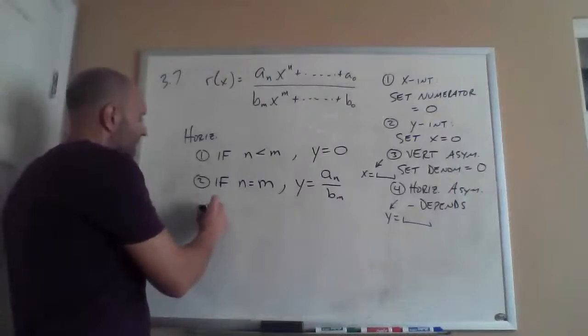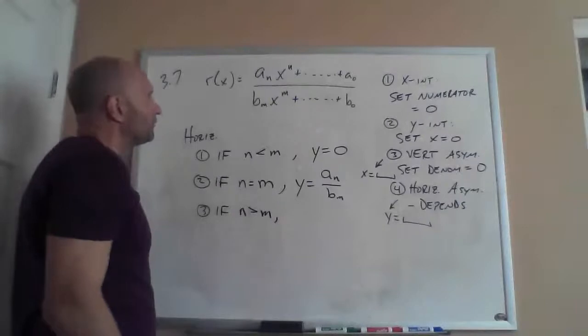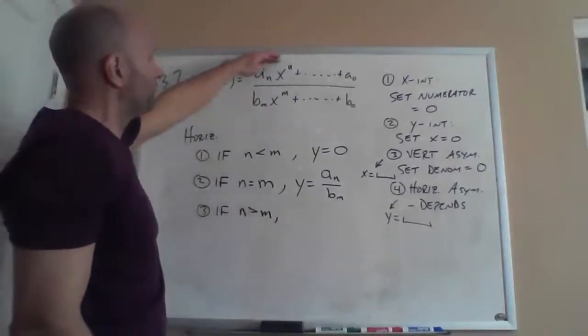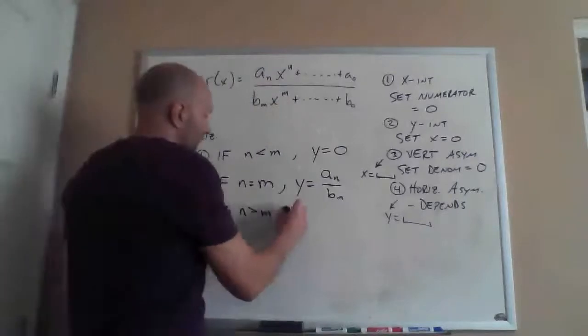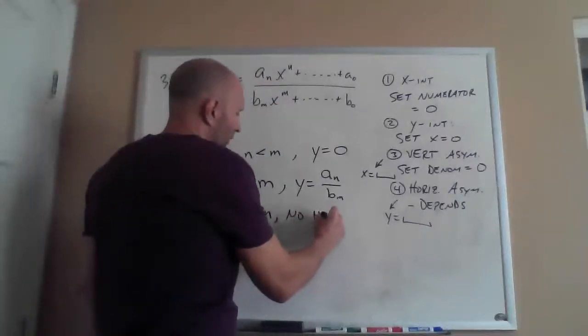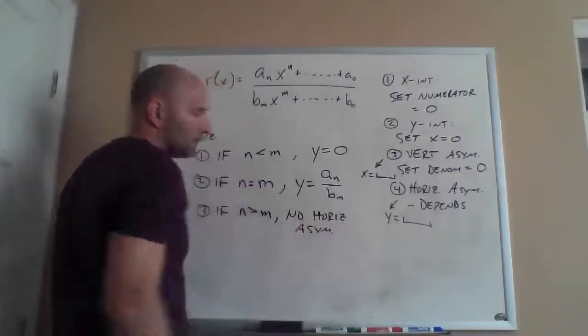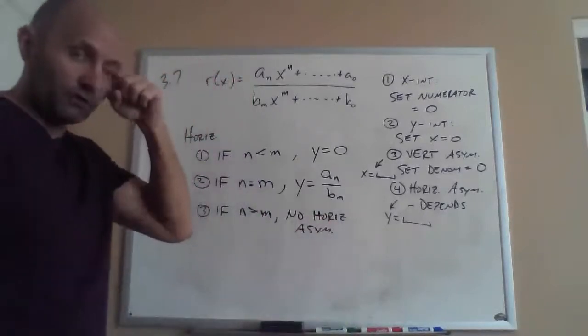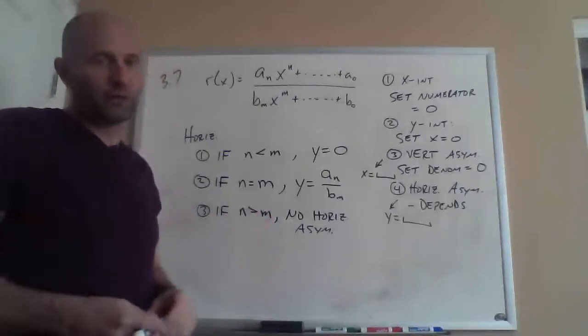And lastly, if n is bigger than m, so if I have x to the third in the numerator and x squared in the denominator, there is no horizontal asymptote. So we could have what's called a slant asymptote, but the key here is just there's no horizontal asymptote.